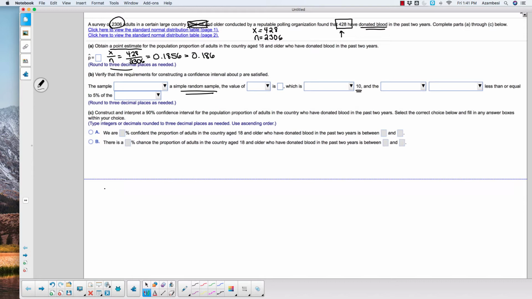And the sample has to be less than or equal to 5% of the population. So as you go through, these are the rules that allow us to construct the interval.